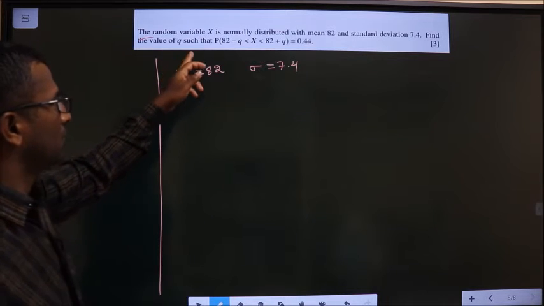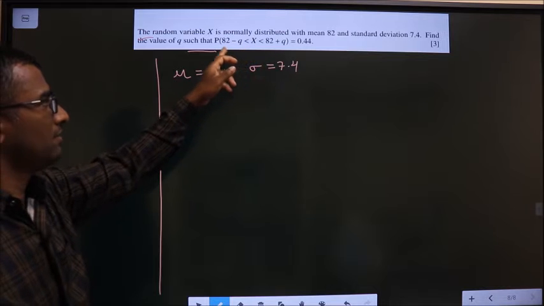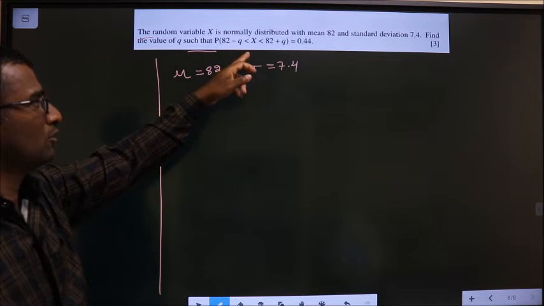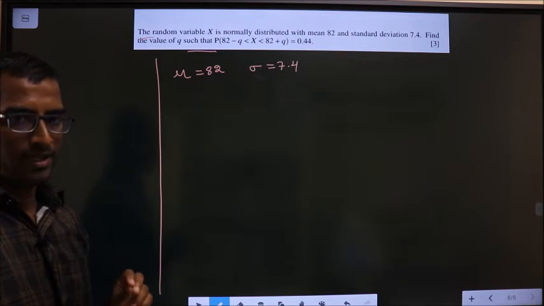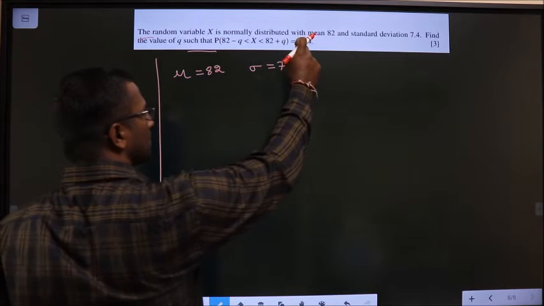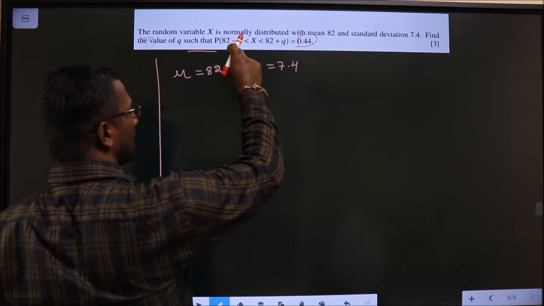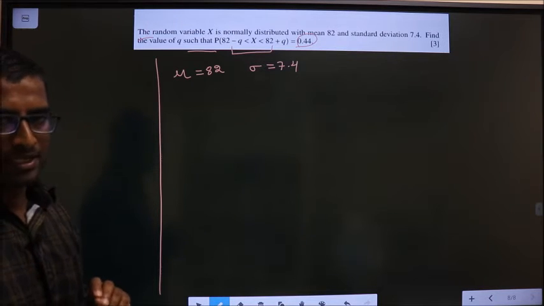Find the value of q such that the probability of x lying between 82 minus q and 82 plus q is 0.44. Clear? Now understand this. Given is the probability lying between 82 minus q and 82 plus q. Clear?